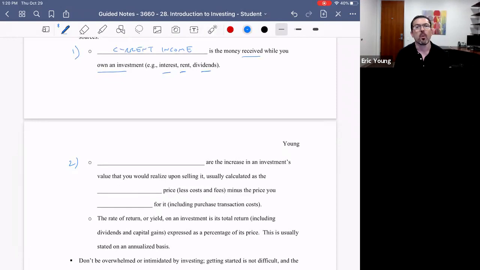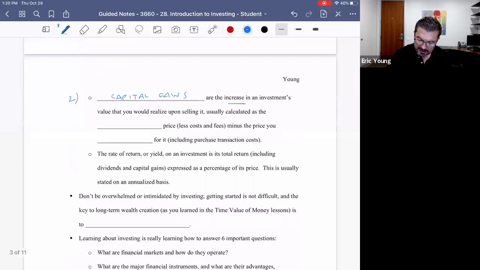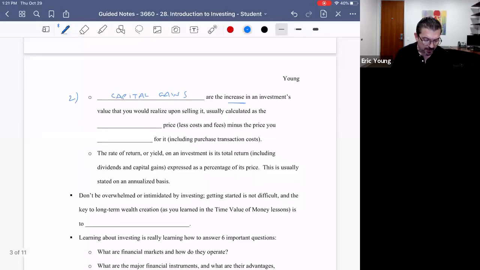The second way that you can get return is through capital gain. Capital gains are effectively the increase in an investment's value that you would realize upon selling it. Capital gains are typically calculated as the sales price of an asset minus the cost and fees that you pay. And this is going to come back in a big way. Cost and fees are really important, and maintaining and controlling them is one of your financial responsibilities.